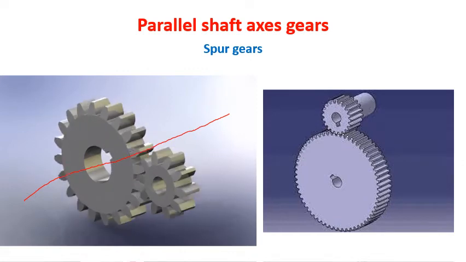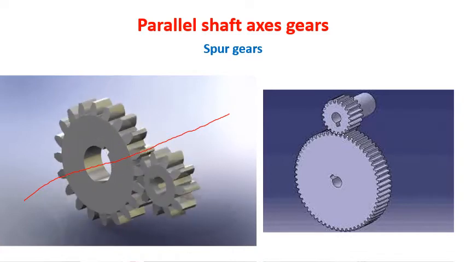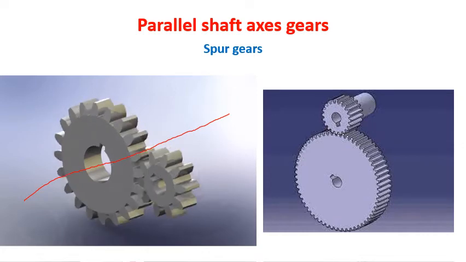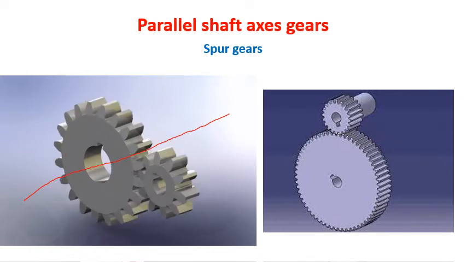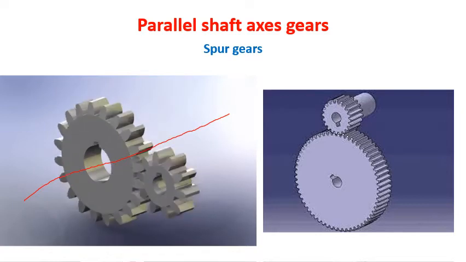Then what are the advantages and disadvantages of these spur gears? These spur gears are easy to manufacture because there is no curvilinear shape in the teeth. Teeth are parallel to the axis of the shaft. Therefore, it becomes easy for manufacturing, and they are made in a variety of sizes.